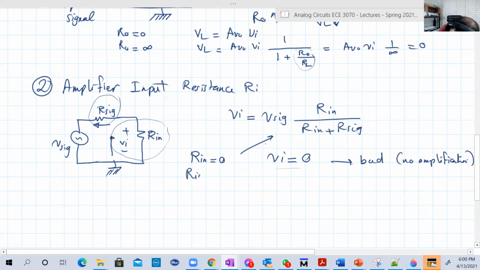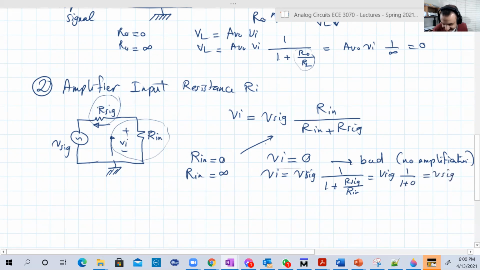How about if R input equals infinity? Let's do it. V input equals V signal times 1 over 1 plus R signal over R input. If R input is equal to infinity, R signal over R input will be 0. So 1 over 1 plus 0 is 1, and VI is equal to V signal.